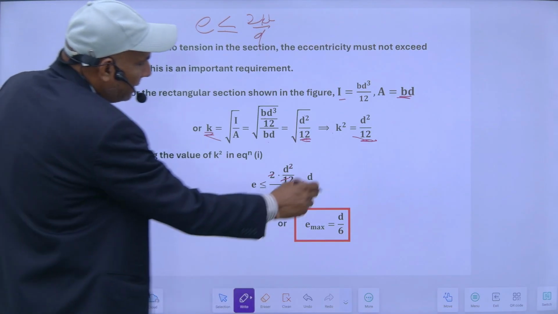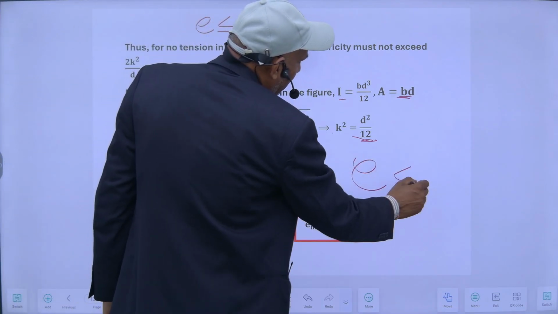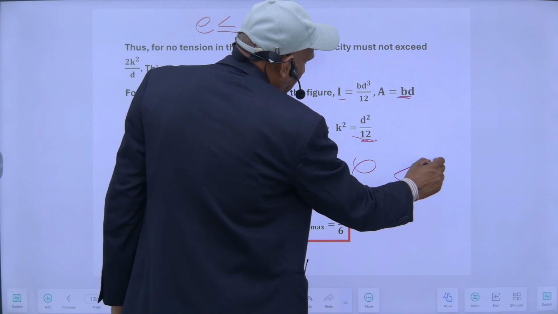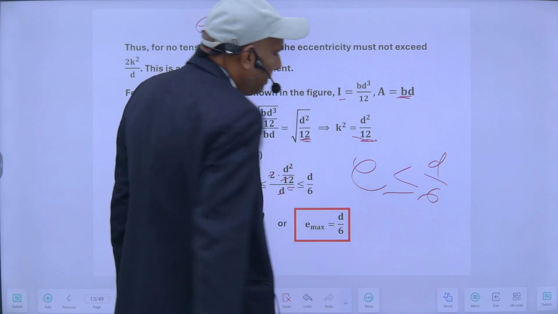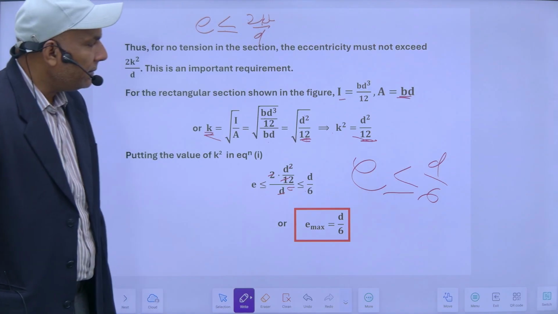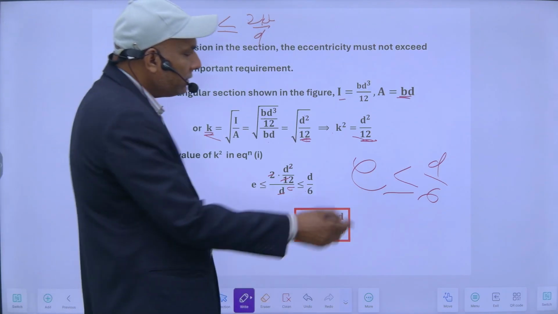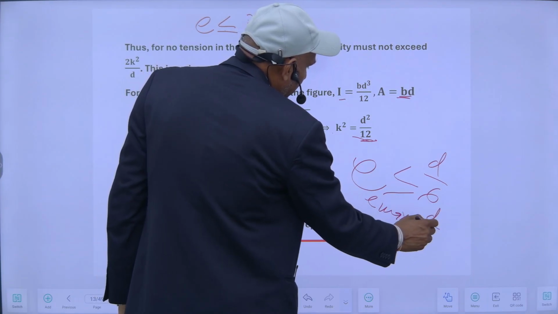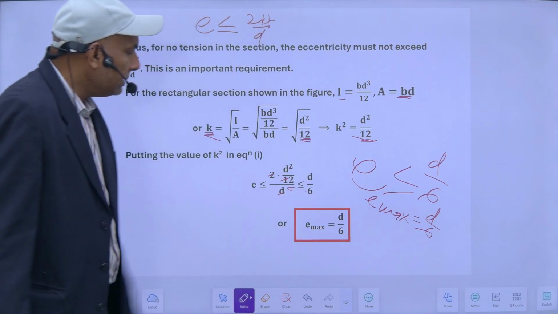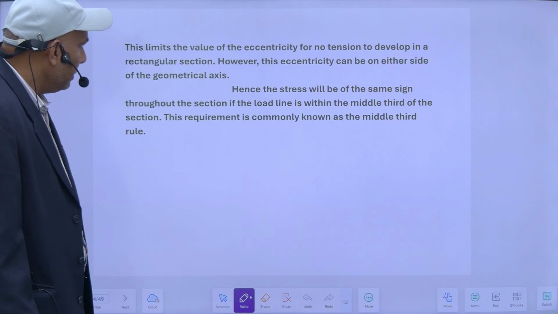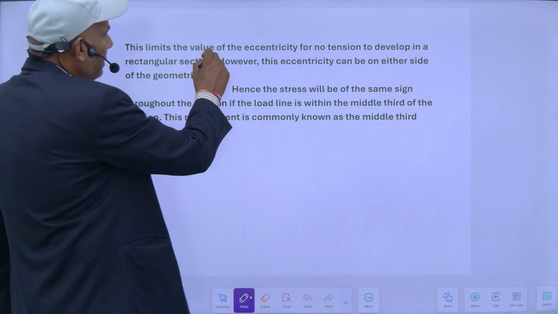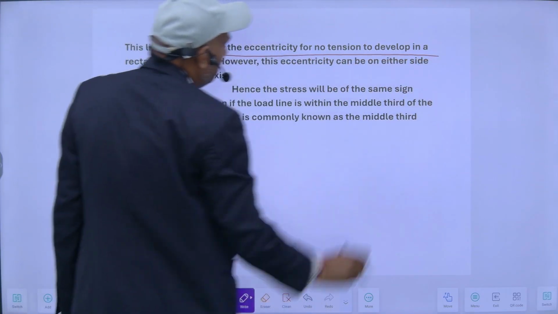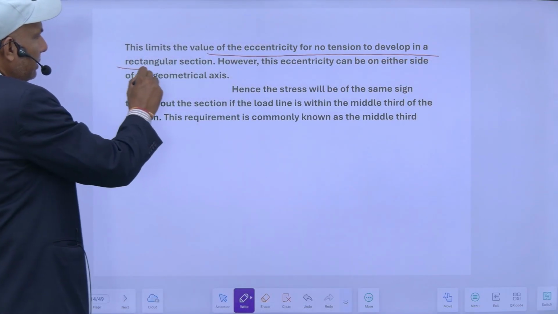The eccentricity should be equal to or less than D by 6 for tension not to develop in the section, and at the maximum it will be equal to D by 6. So this is the limiting value of the eccentricity for no tension to develop in a rectangular section.